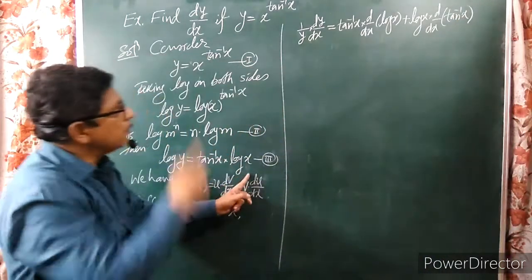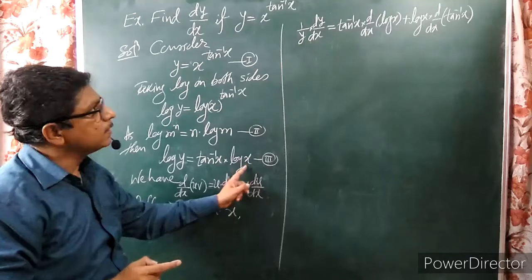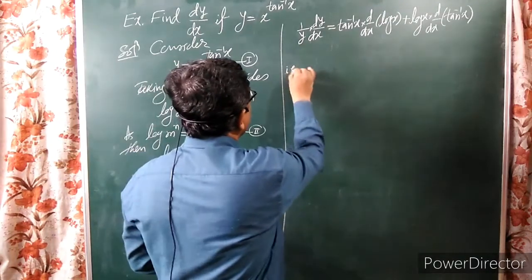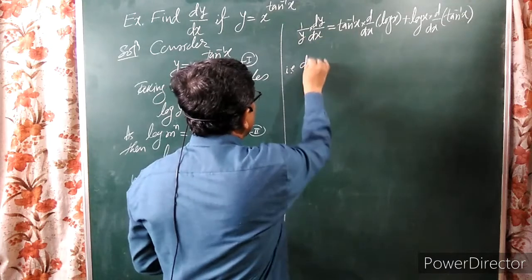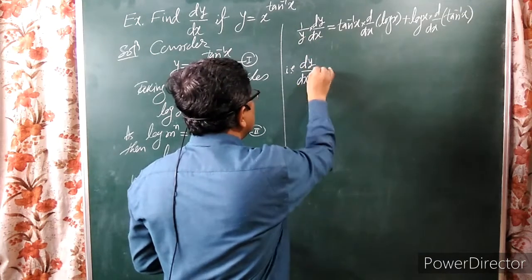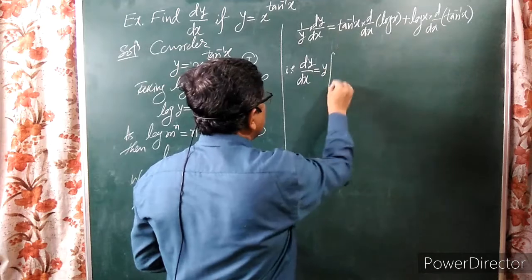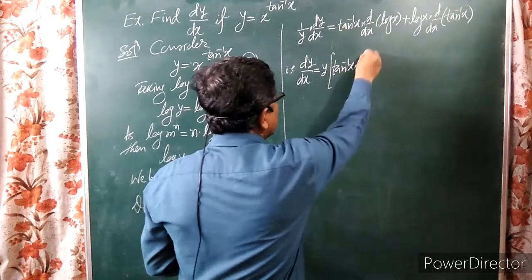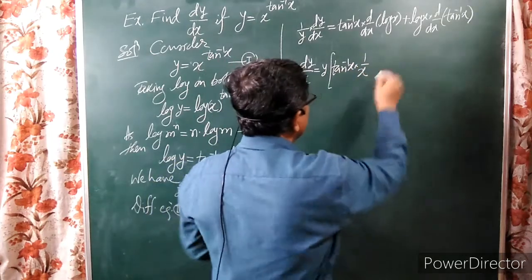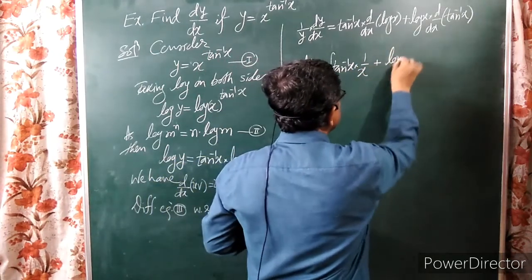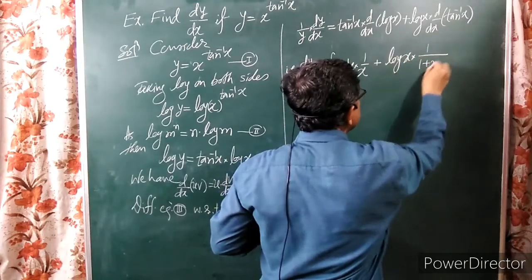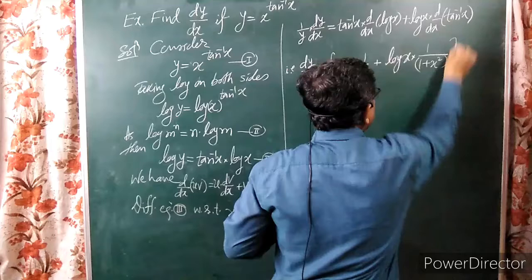First term as it is into derivative of second plus second term as it is log x into derivative of first. That is y transfer करा, dy by dx is equal to y into bracket tan inverse x as it is into derivative of log x is 1 upon x plus log x as it is into derivative of tan inverse x is 1 upon 1 plus x square.